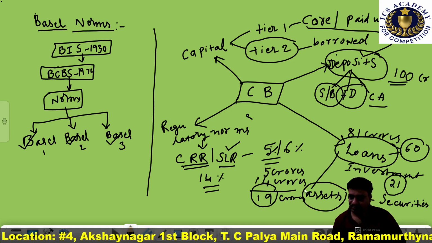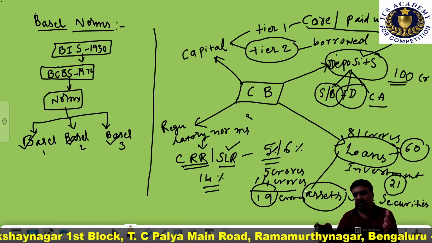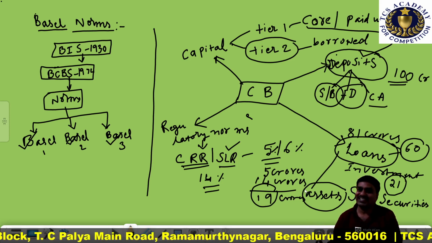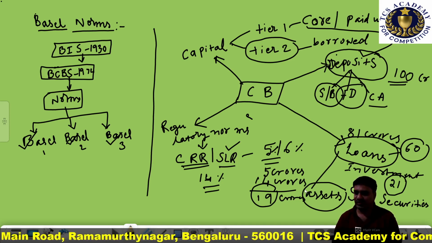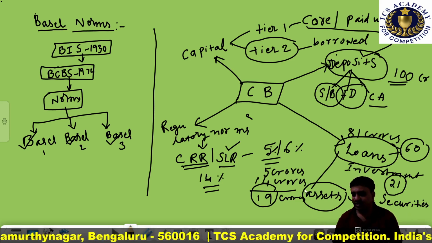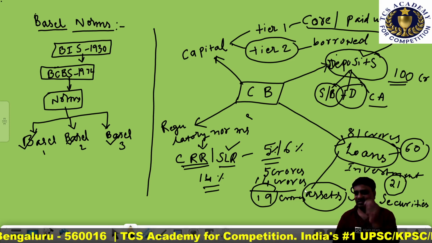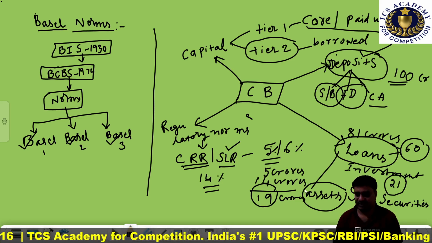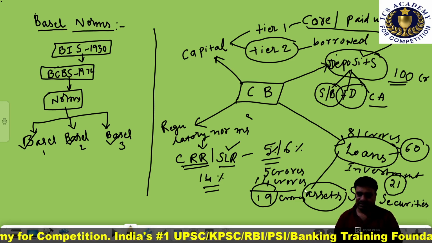Whenever the banker has given a loan of 60 crores to the public, we call it an asset for the banker, because this 60 crores earns interest, which earns profit for the bank. Is it clear? Okay, let's move on.